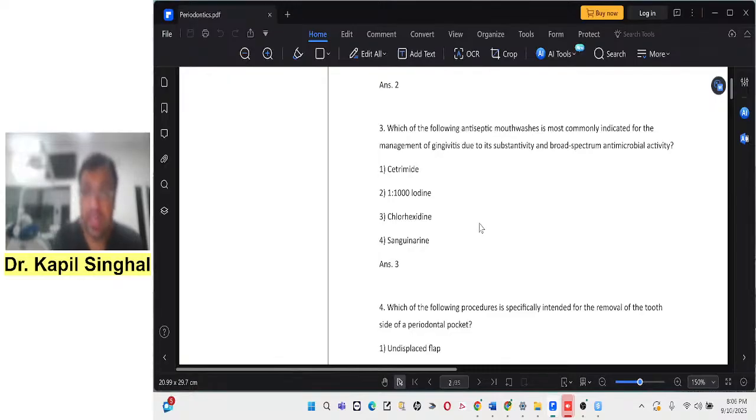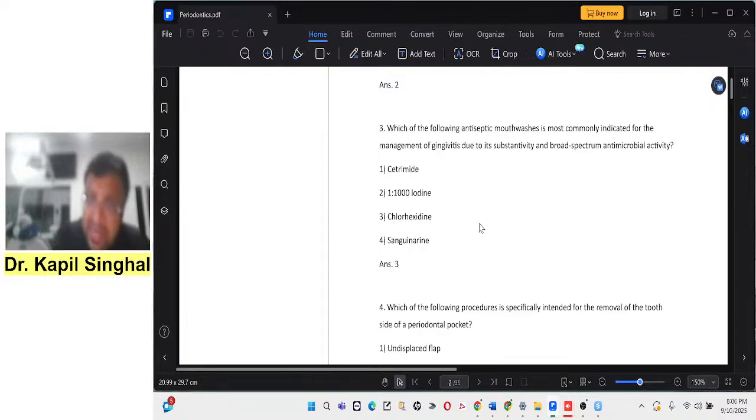The two key words in this question are substantivity and broad spectrum antimicrobial effect. We all know very well that chlorhexidine has a substantivity effect for a long period of time and also a broad spectrum because it acts against all gram positive, gram negative bacteria, fungi, viruses, everything.